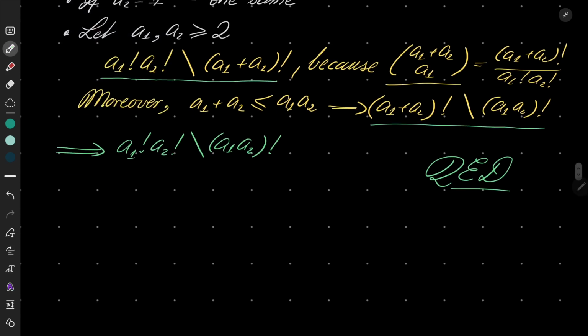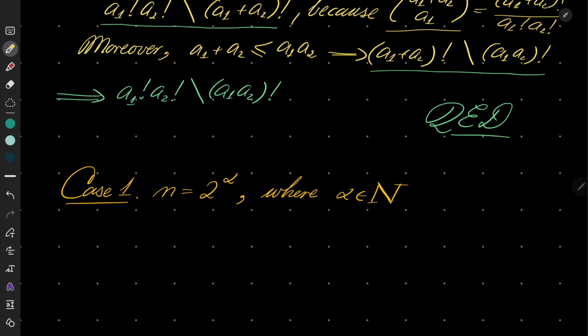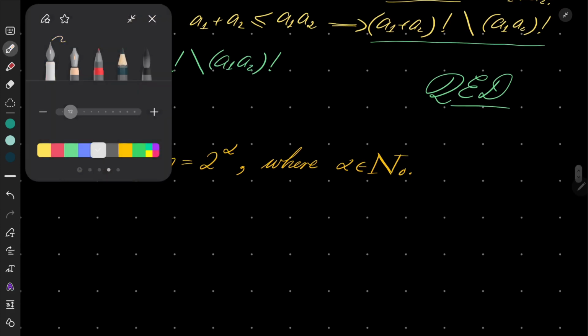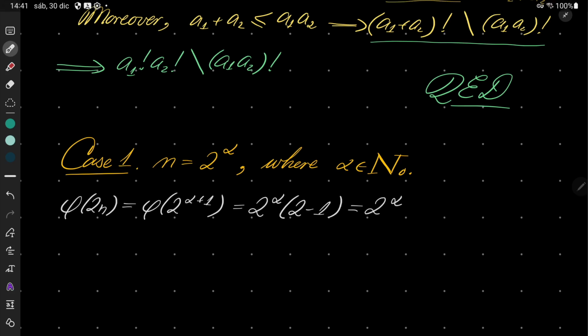Okay, so now let's go back to our problem. And I will consider 3 cases. Case number 1 will be n equals 2 to some power alpha, where alpha is a natural number. What happens then? Phi of 2n is phi of 2 to the alpha plus 1, and that is, by one of the properties which I mentioned, just 2 to the power of alpha times 2 minus 1, which is 2 to the power of alpha.